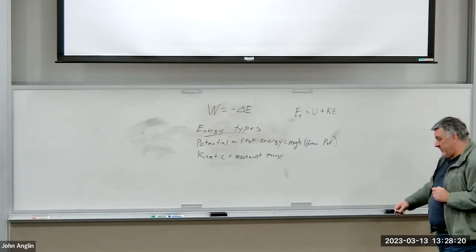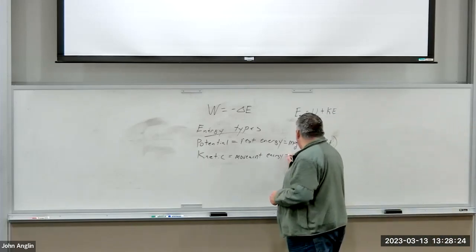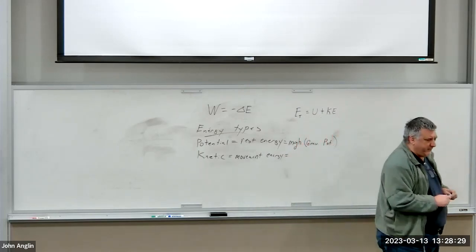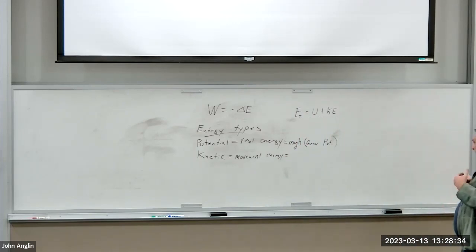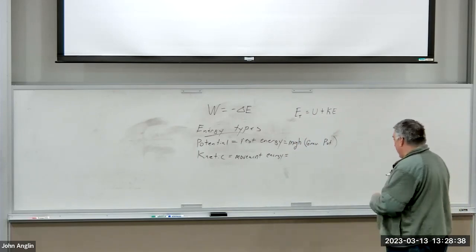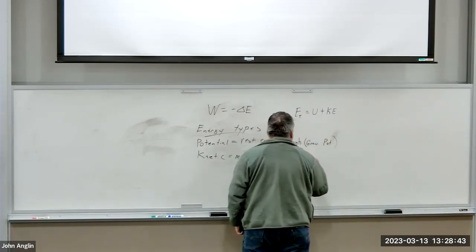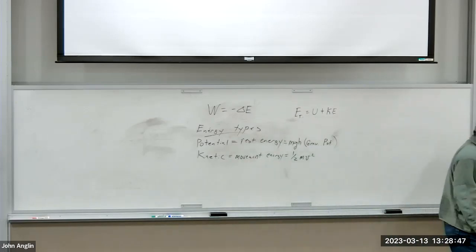Our kinetic energy is a little more interesting. I'm not going to derive this one for you because it's a little nasty and a little bit outside the scope of this class. But our kinetic energy, at least in all the things that we're going to be talking about, can be expressed as 1/2 the mass of the thing times the square of the velocity it's moving at.